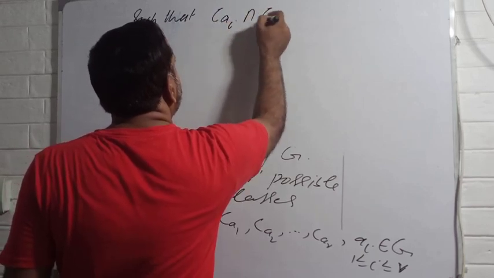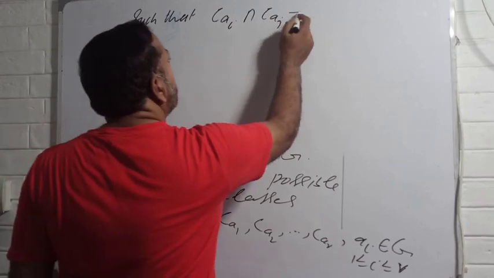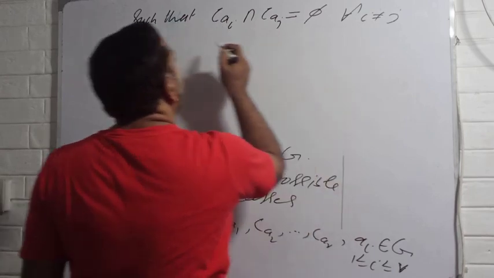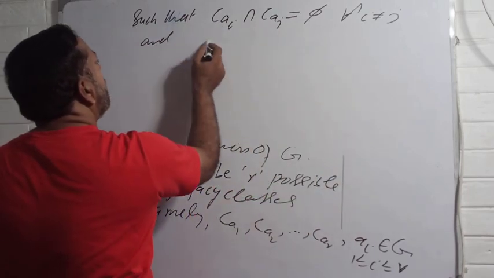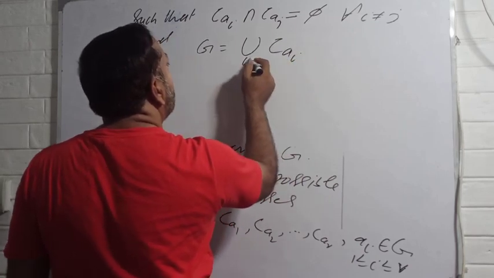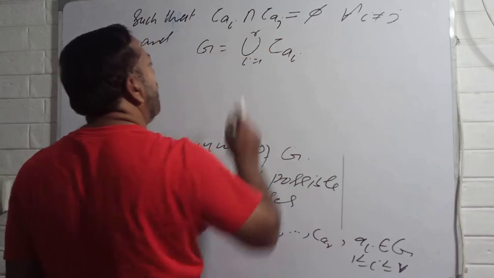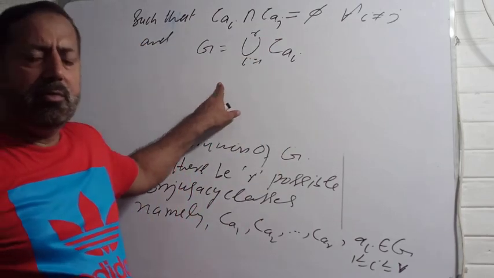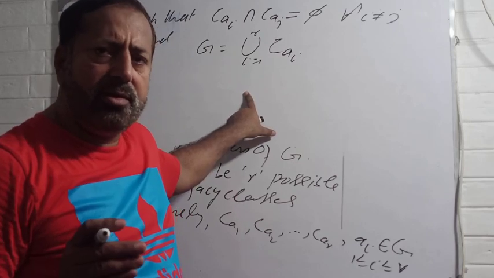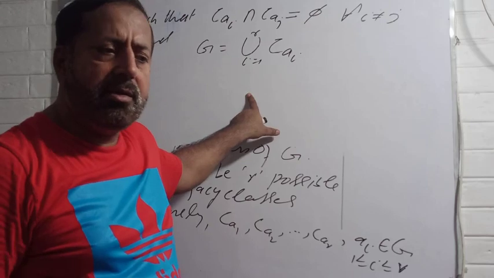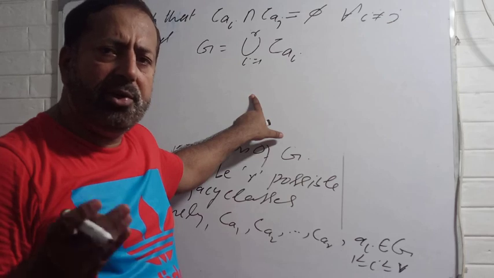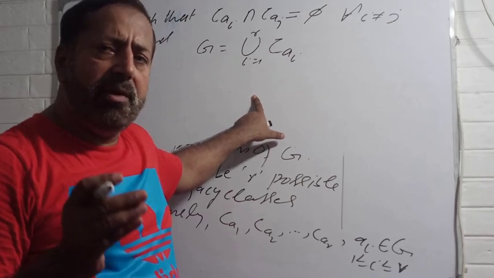Such that CAI intersection CAJ is phi for all I not equal to J, and G is equal to the union of CAI, I from 1 to R. Okay, you can have conjugacy classes, say CA1, CA2, up to CAR, which are defining the partition of your given P group.